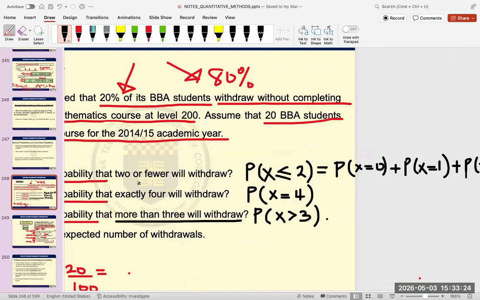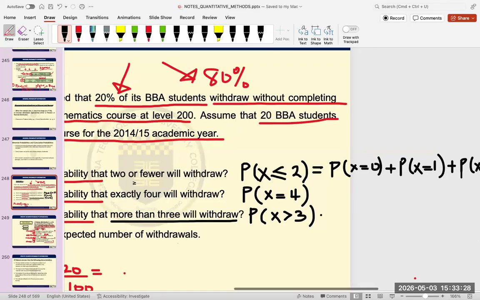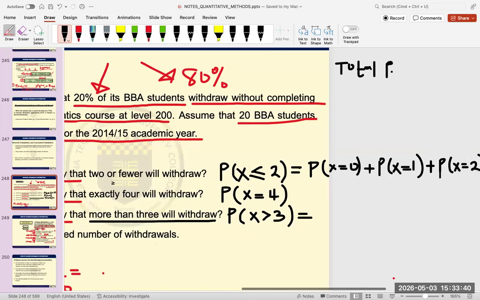So what we are going to do is rewrite this one, and I hope you haven't forgotten that total probability in this world is equal to 1.